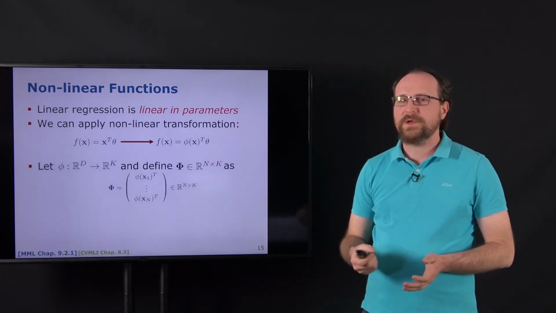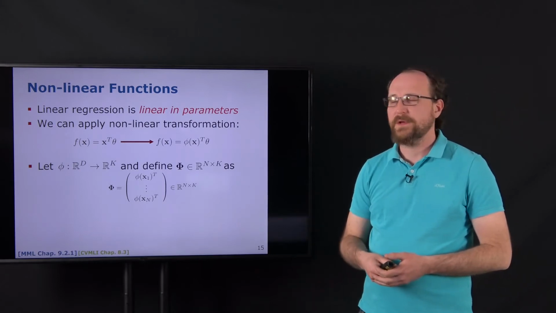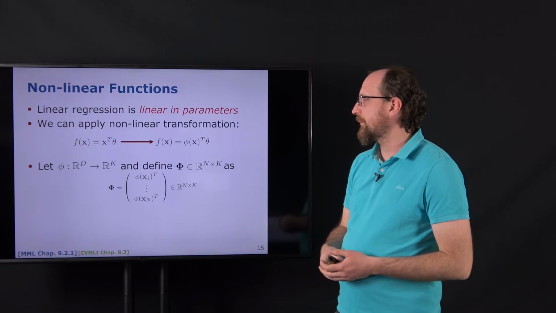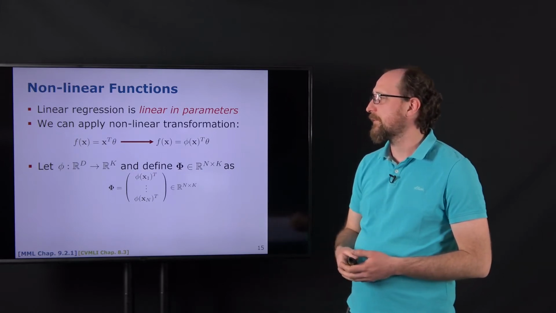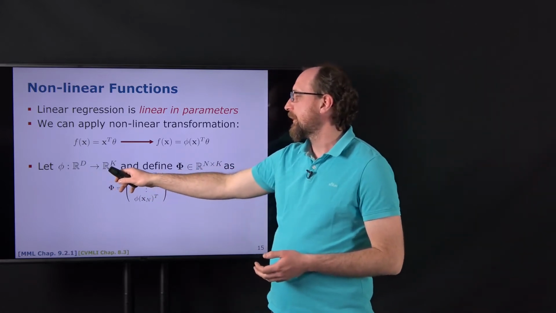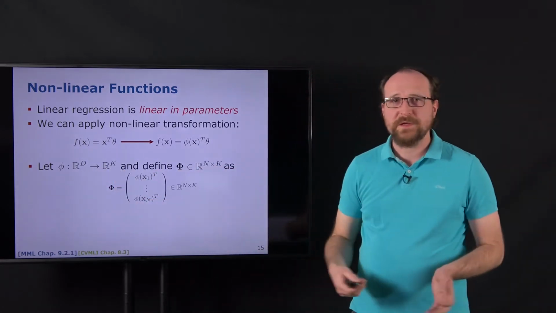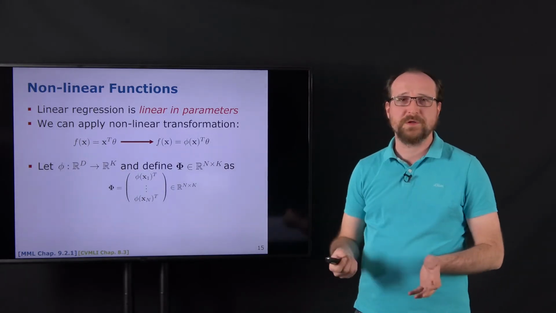And now we can use some nonlinear transformations that transform our points in a certain way, so that we are getting from the d-dimensional vector to a new space where we have k dimensions in the end, and then we just do the same trick as before.